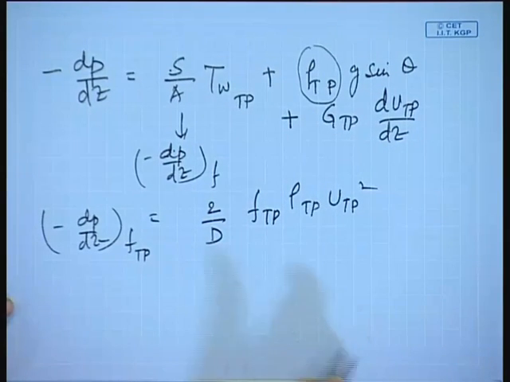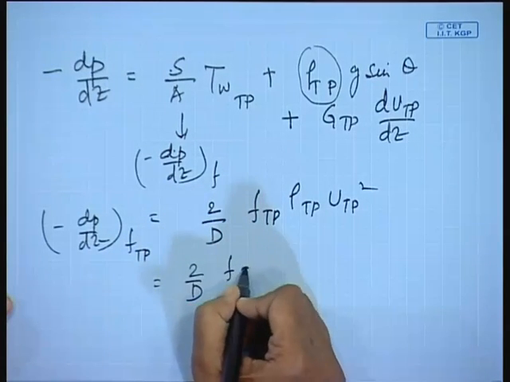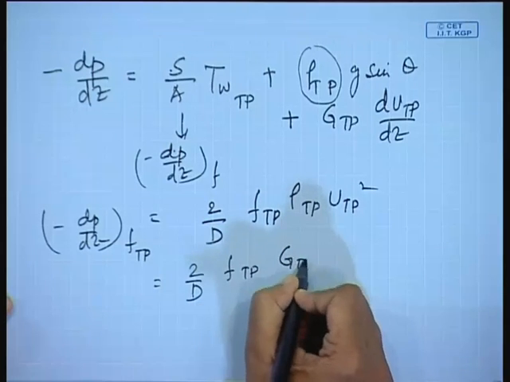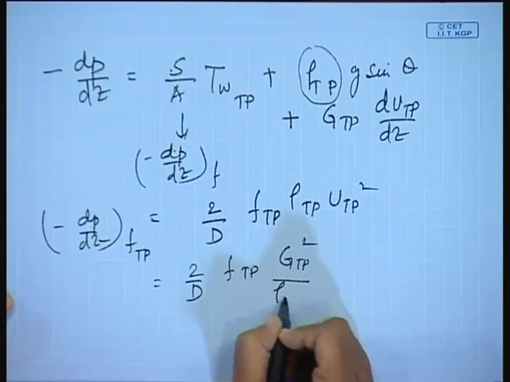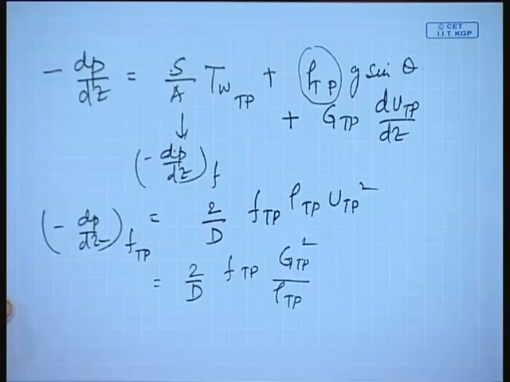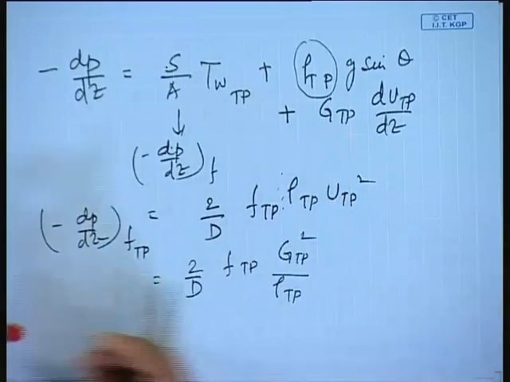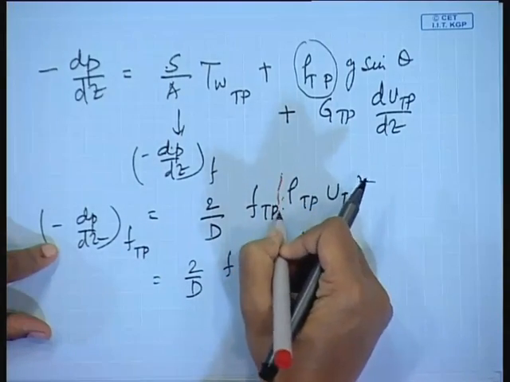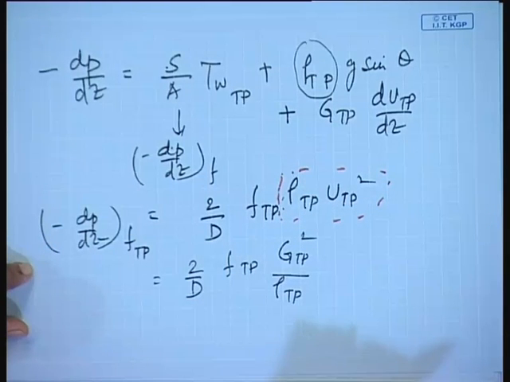So, in other words, this can be written down as 2 FTP, say G square by rho TP. Can we write it down in this particular term? We are replacing this with G square by rho TP.